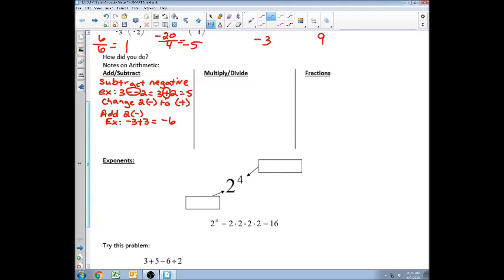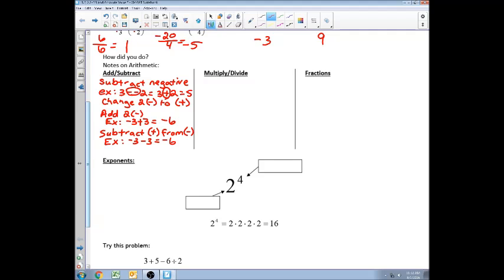If I subtract a positive from a negative, it's also going to make a larger negative. An example would be negative 3 minus 3. That means the exact same thing as adding 2 negatives.